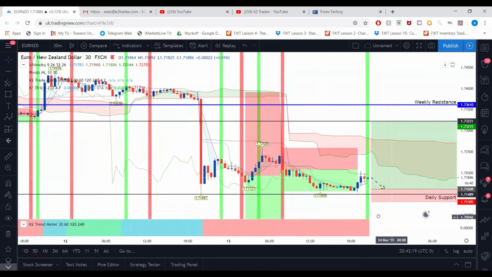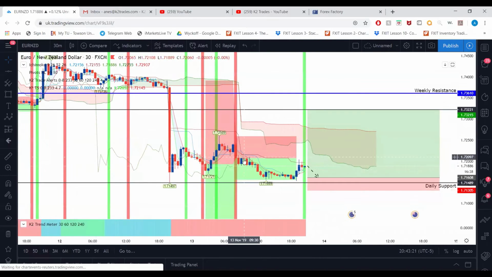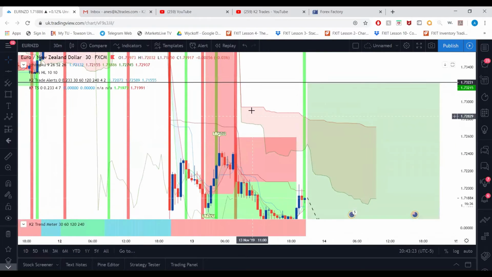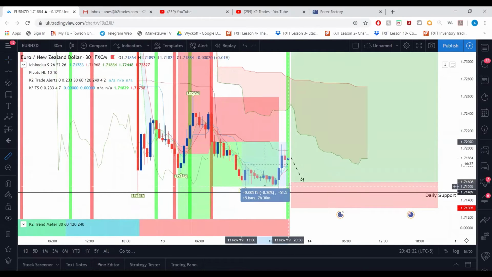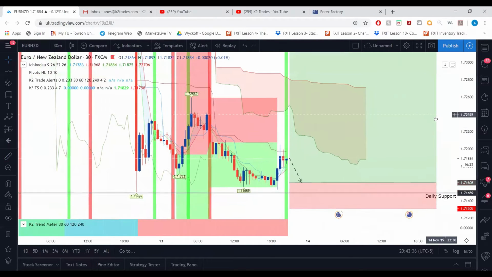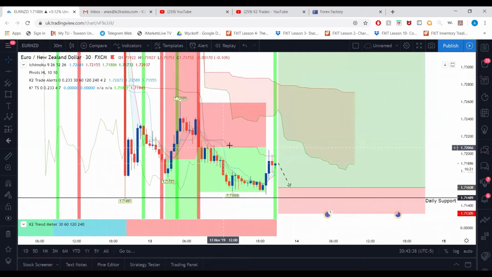So on a 30-minute, there was the valid sell on K2 as well. The last one, it was, let's see, yeah, 51 pips. Beautiful. There was pretty much no drawdown at all.